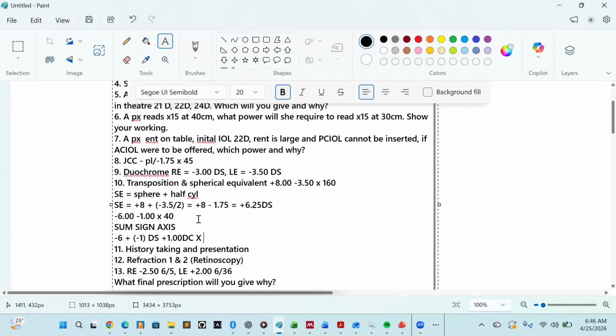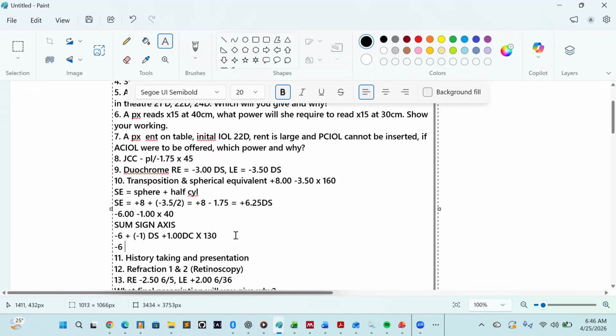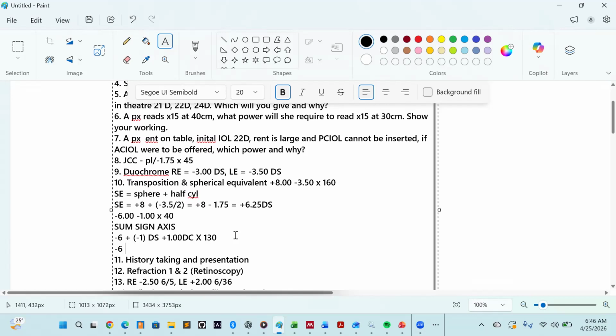If it's less than or equal to 90, you add 90. 90 plus 40 will be 130. And so minus 6 minus 1, and plus 1. That's it, it's 130.